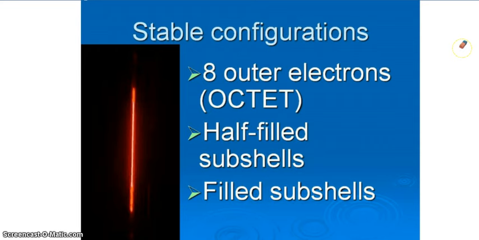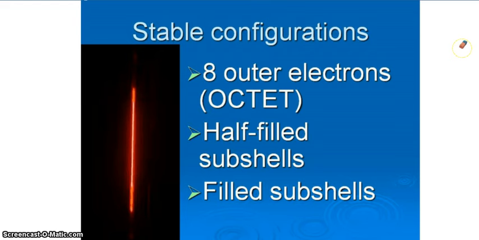When atoms react or bond or switch their electrons around, the reason that's done is to increase stability. And there are 3 hallmarks for stability. One is 8 outer electrons, which is called an octet, oct being the prefix that means the number 8. The other 2 have to do with what are called subshells.